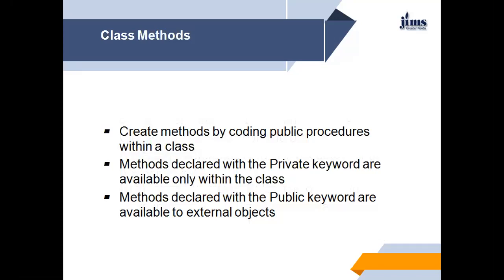We should define a method as public, and whatever data or member functions we provide in the class should be private, so that they can be accessed only by the methods of that particular class. Methods declared with the public keyword are available to external objects also. If you declare a method as public, it will be available to the external objects of that class.